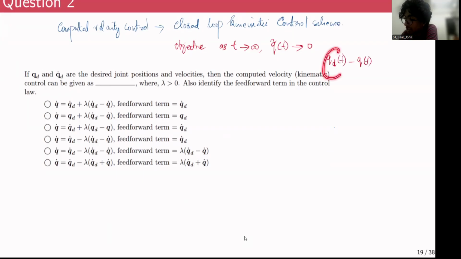So this would be your desired position, and this would be your actual position. The difference between these two terms, the desired and actual, should tend to 0.